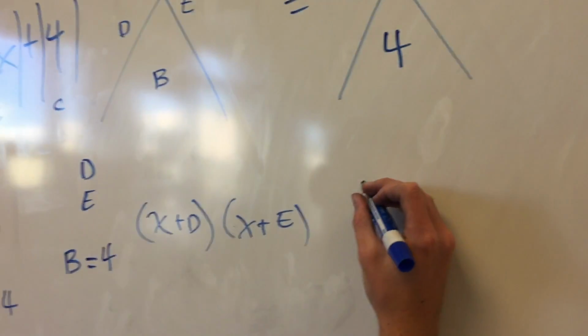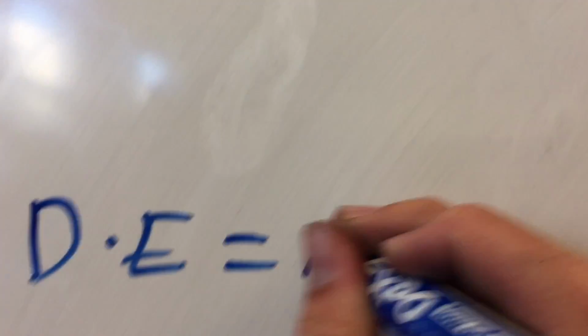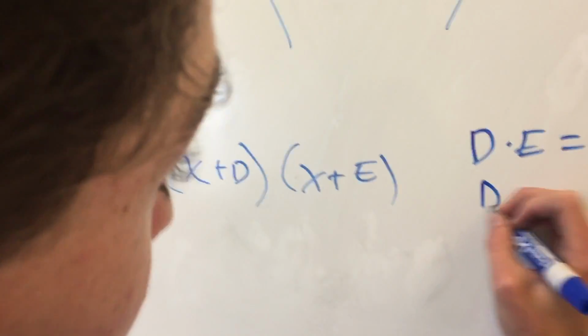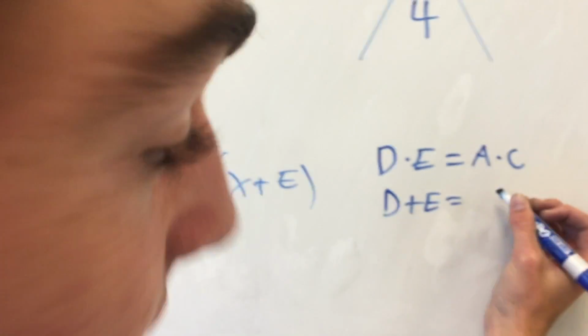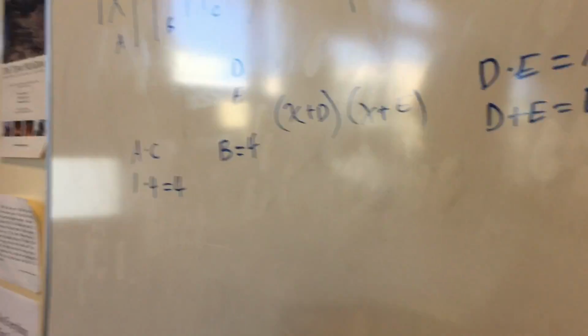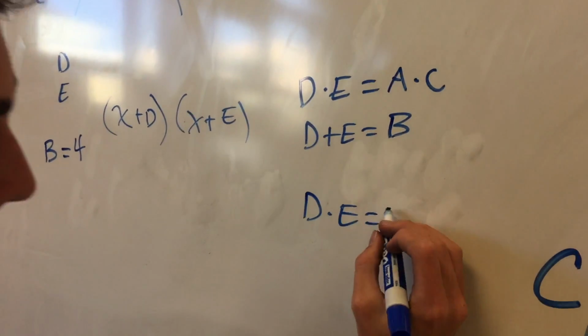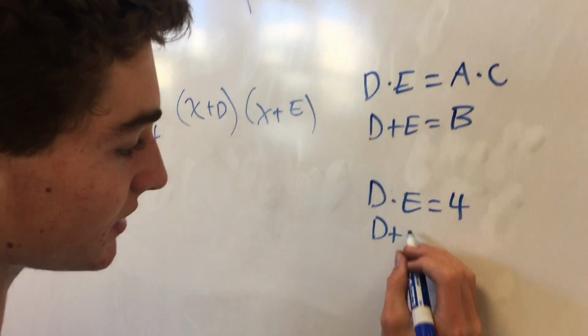D times E equals the top one, or A times C. D plus E, meanwhile, equals, sorry, my bad, equals B. So, D times E equals 4, and D plus E equals 4.